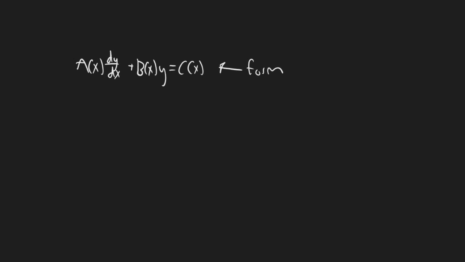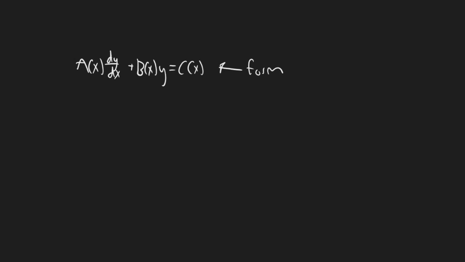What we're actually going to do here is divide everything by a of x, and keep in mind that a of x, b of x, and c of x are just any equation or polynomial in terms of x. That's what the of x means.